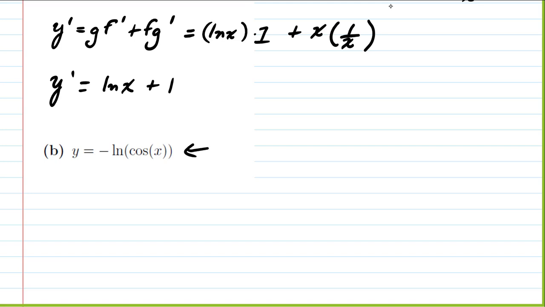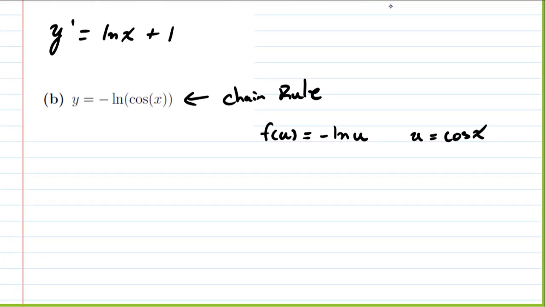So this guy is going to be the chain rule, and we are going to have the following. f of u is going to be the negative natural logarithm of u, and our u is going to be cosine x. Then by the chain rule, y prime is df du times du dx.